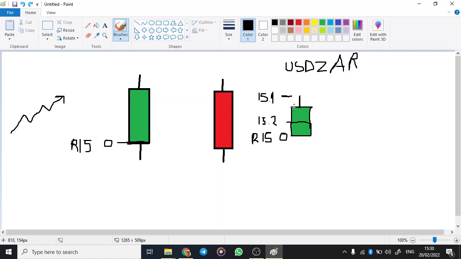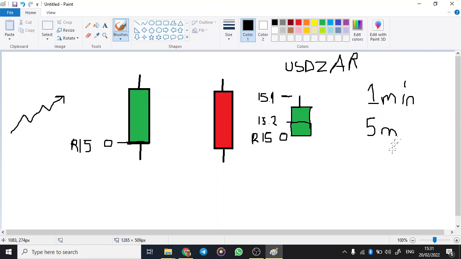So at the time of its expiry, because like I said, candlesticks are formed based on time. We have candlesticks that form per minute, meaning every minute we have a candlestick being formed, and we have candlesticks that form every 5 minutes.